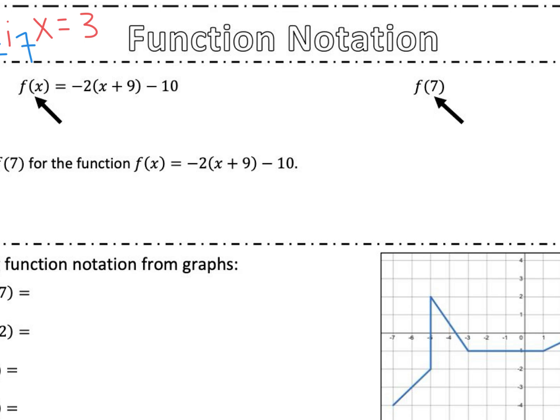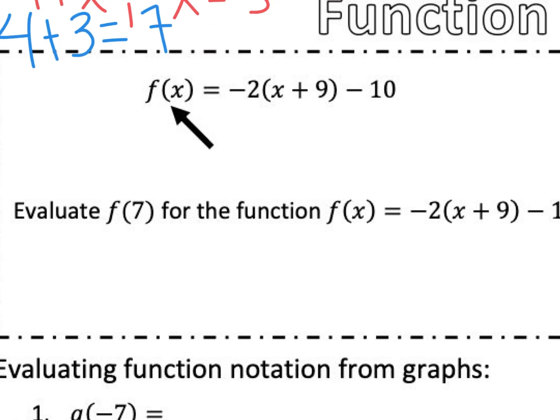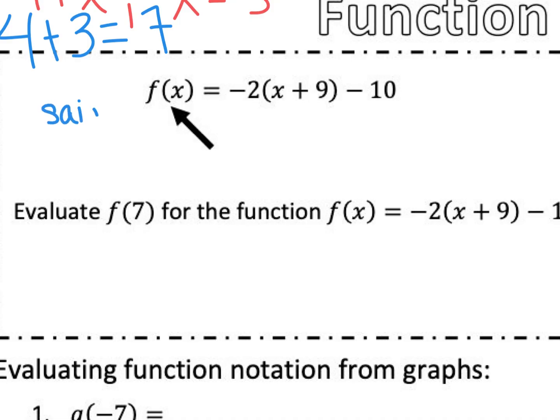Now, I want you to look at this notation. This is kind of weird. So f parentheses x. This is said f of x. It means that x is our input, and then f of x will be our output.